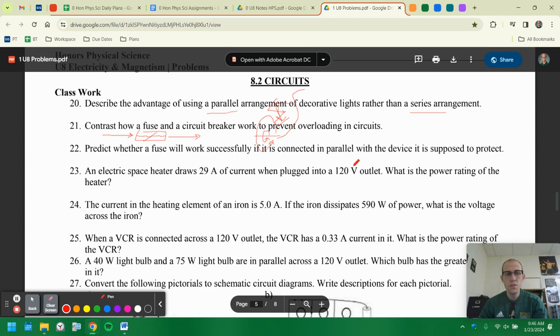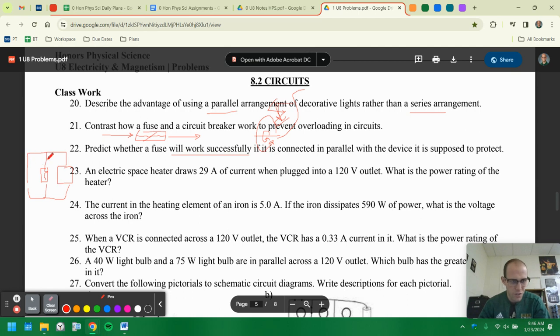A fuse would be something that needs to be in series, though, because if it's in parallel, if our battery is over there coming through, and here's our fuse, and here's our device coming back around, if that burns up, everything's going to still go through the device. So if it's connected in parallel, it's not going to do its job. Will it work successfully? No, it will not.